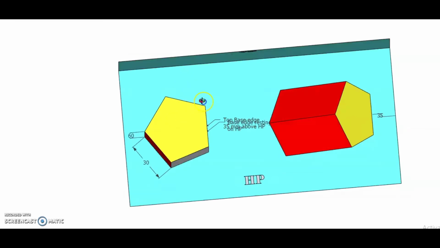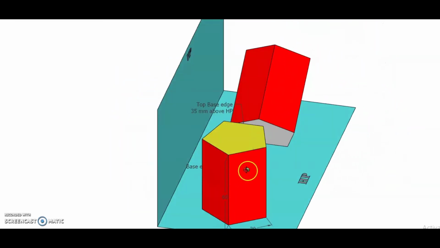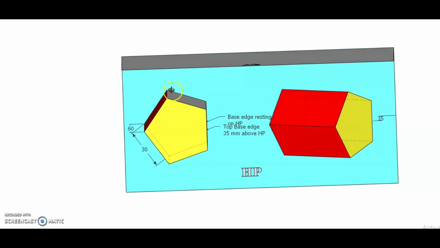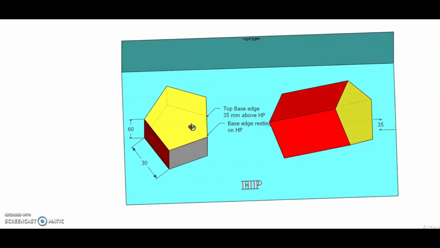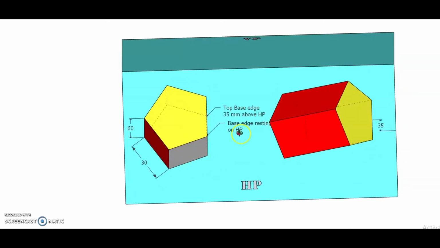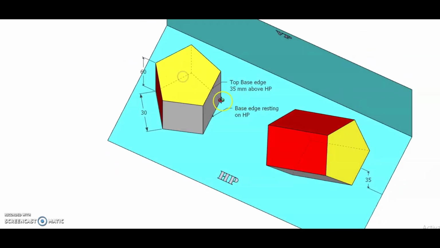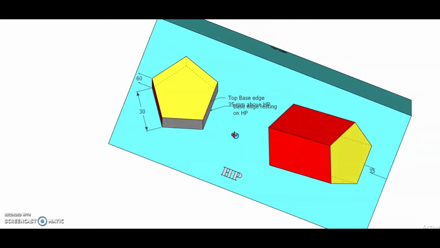In top view, these two rectangular faces are clearly visible. Then this top base is also visible. Now what is the hidden portion? For hidden portion, this bottom base edge and this bottom base edge are not visible, as well as this resting edge is also not visible, and these rectangular face edges are also not visible.